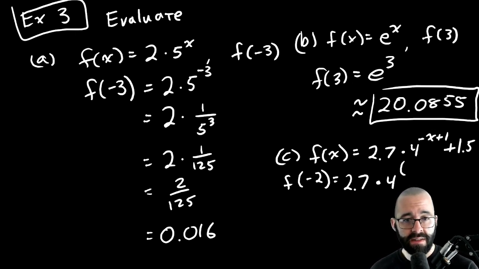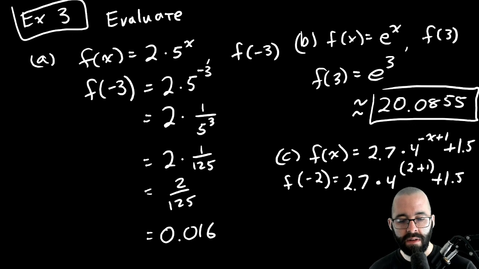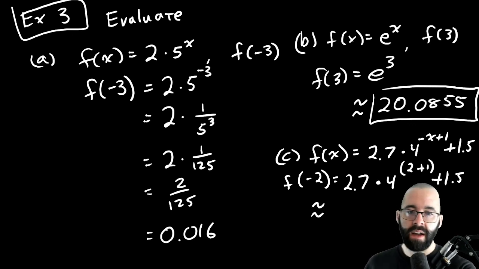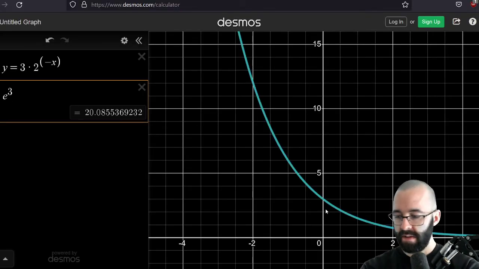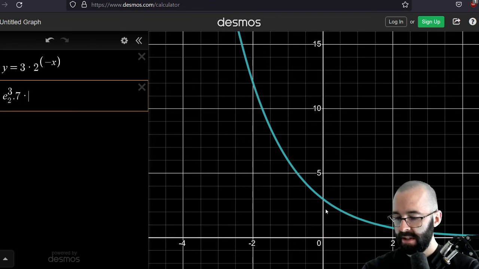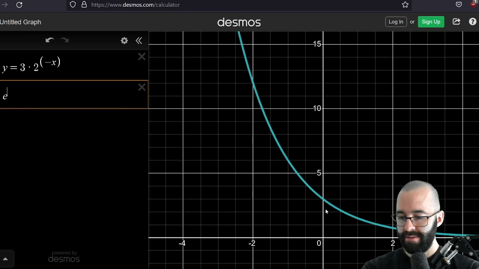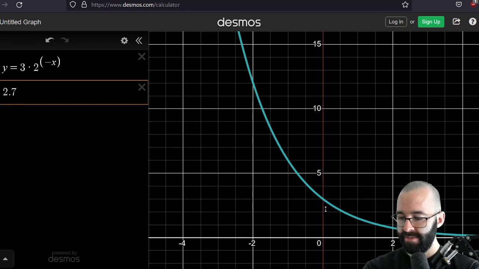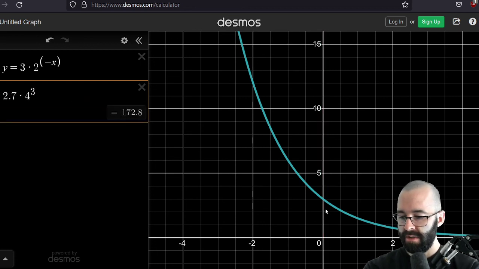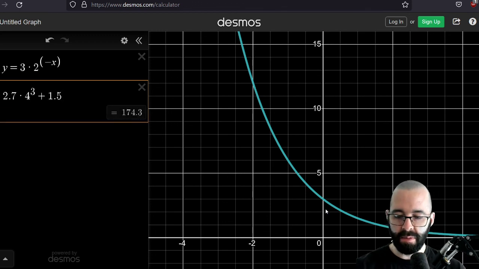We have -x, and x is -2. This becomes a positive 2 plus 1, or just 3. And you can type that into your calculator. So you should get 2.7 times 4 cubed plus 1.5, 174.3.